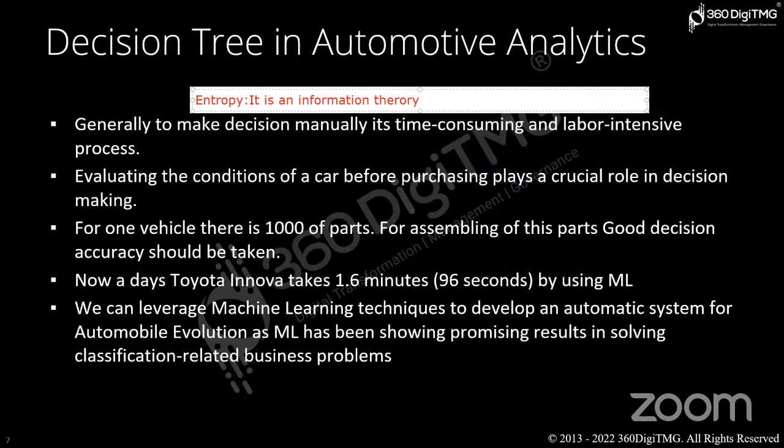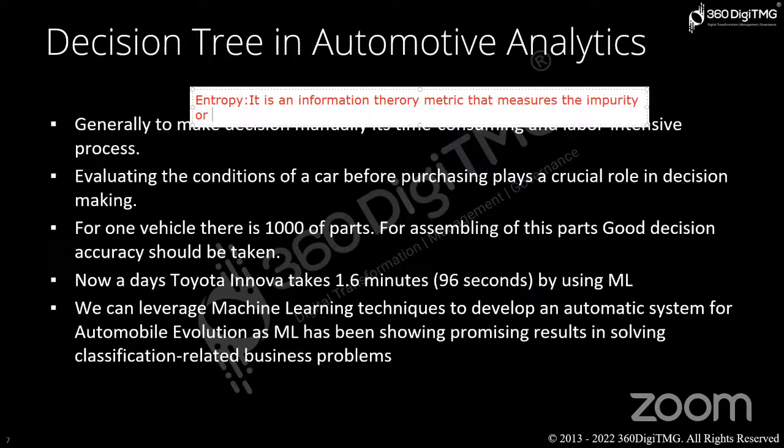It is an information theory metric that measures the impurity or uncertainty in a group of observations.